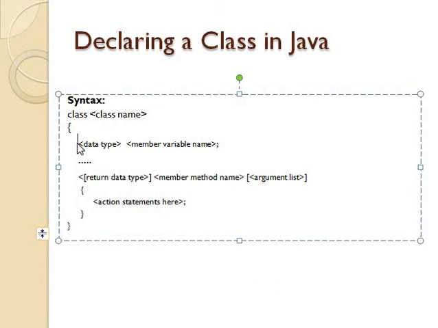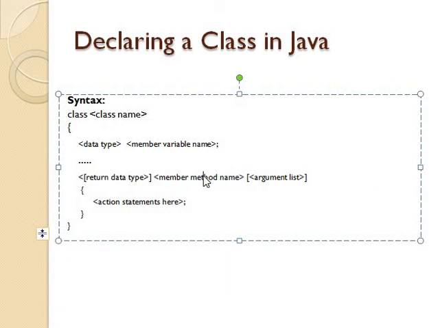Now soon after you have declared these member variable names, the next step is to declare the member method names. The syntax to declare the member method names is like this. Just before the member method name, declare the data type. This data type is the return data type.